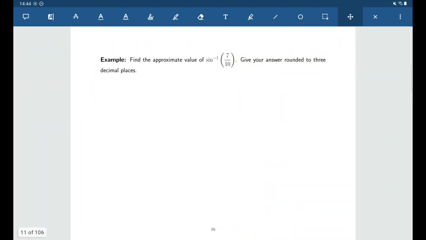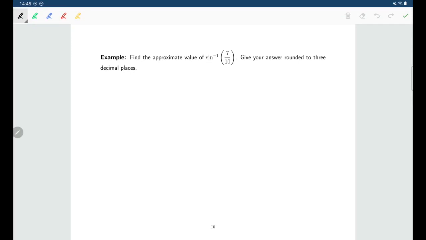So, for example, here we want to find the approximate value of inverse sine of 7/10. We know definitely we're not going to be using our special triangles here. It tells us that we want the approximate value, but if you've done enough work with your trig functions, you'll know that 7/10 is not one of the numbers that comes out of any of your special triangles. So we won't be able to find the exact value of sine inverse of 7/10 anyway.